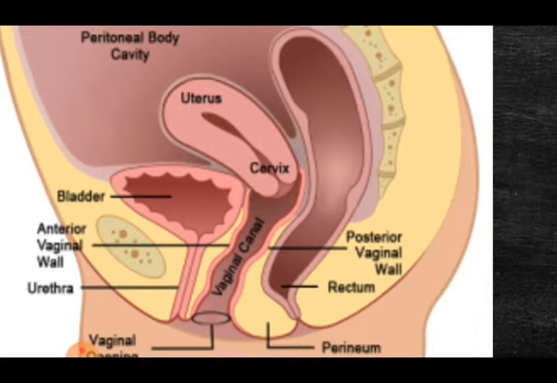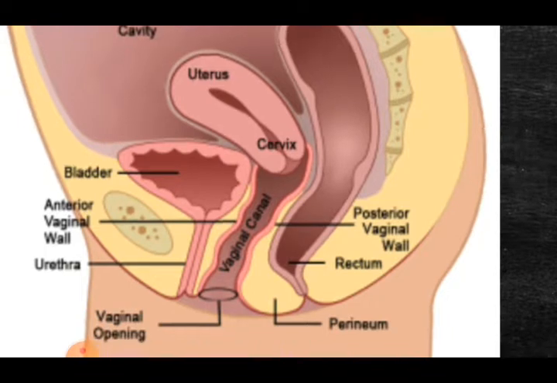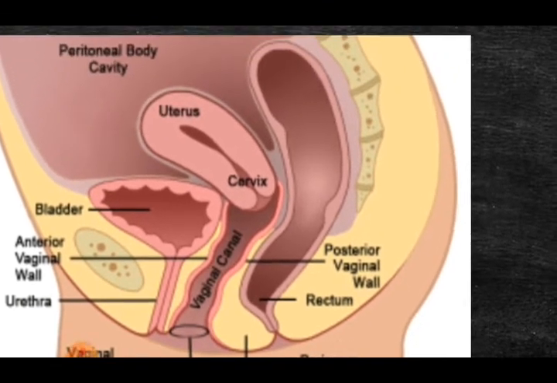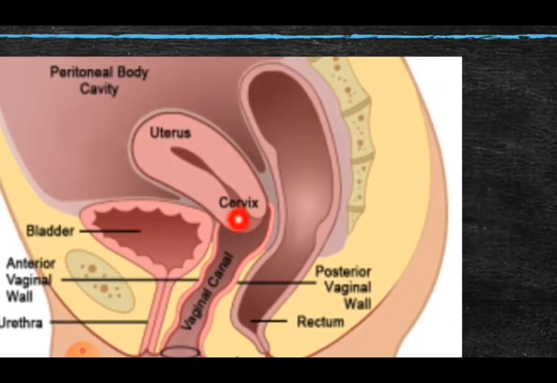This is a tube you can see here. This is a tube that is composed of fibromuscular tissue, and it is lined with stratified squamous epithelium, and it has a distal end here, or the external vaginal orifice that is opening within the vestibule that we already know, and it has a proximal end as well, this one here.